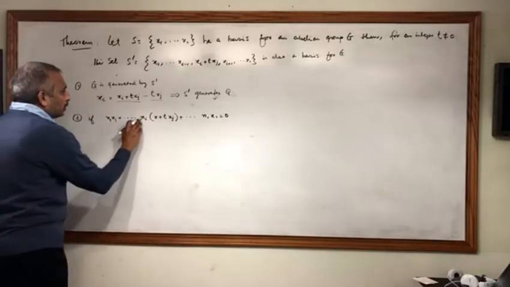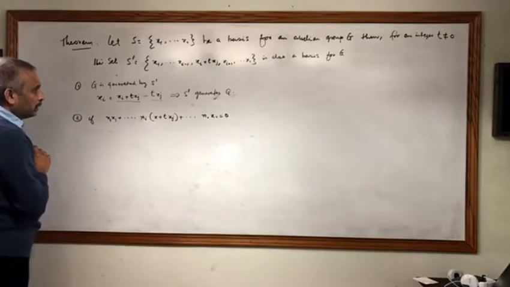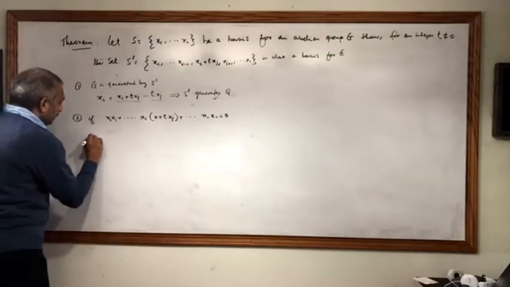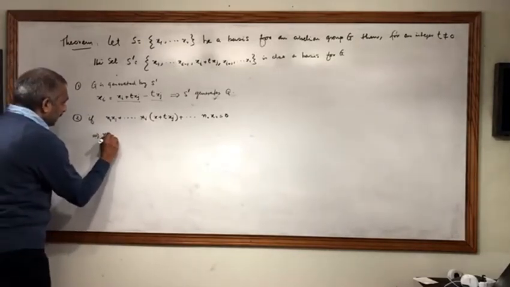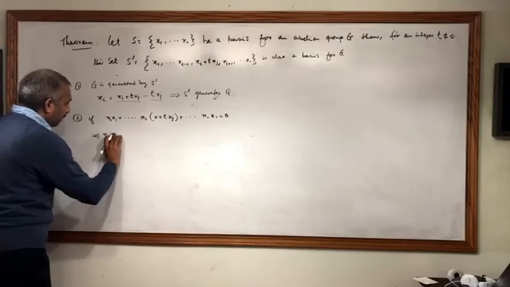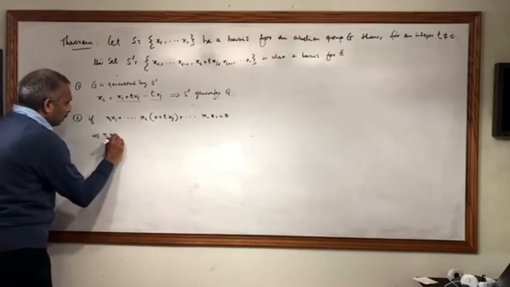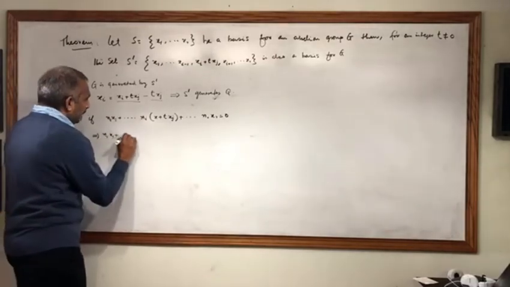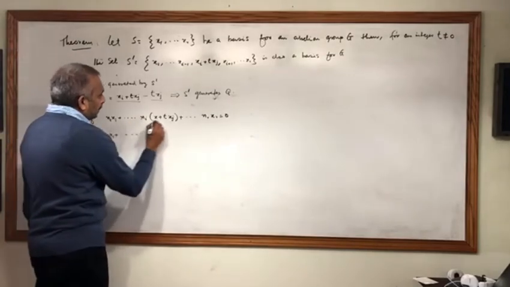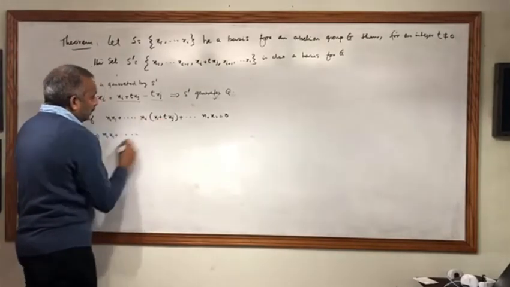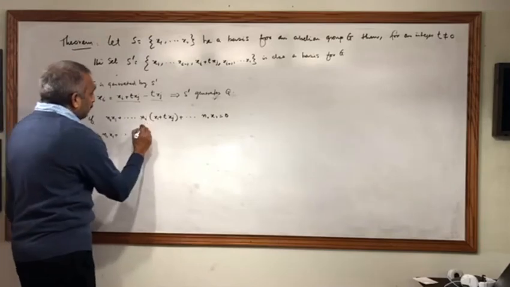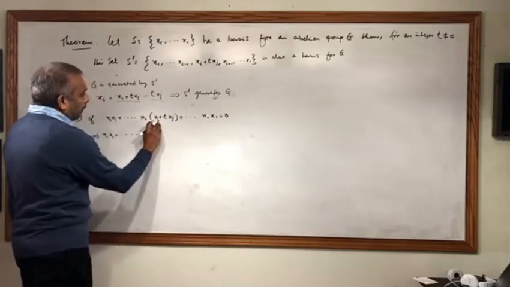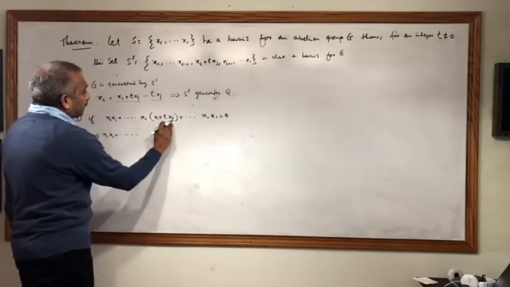Okay, so this means that n1 x1 plus dash dash dash, this is xi. We'll take the elements of xj out.